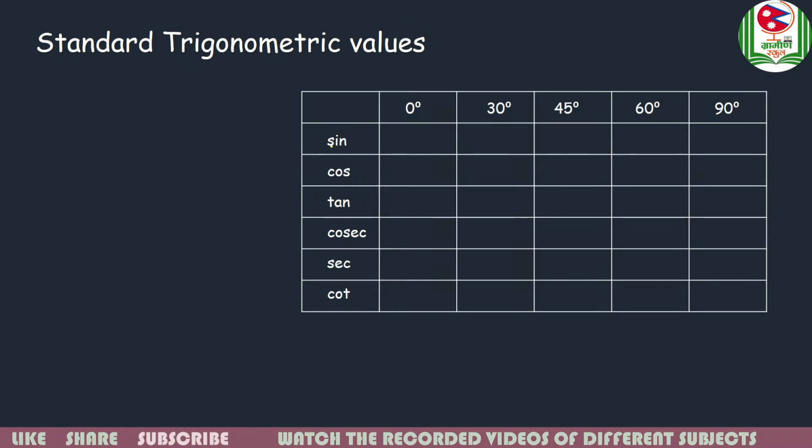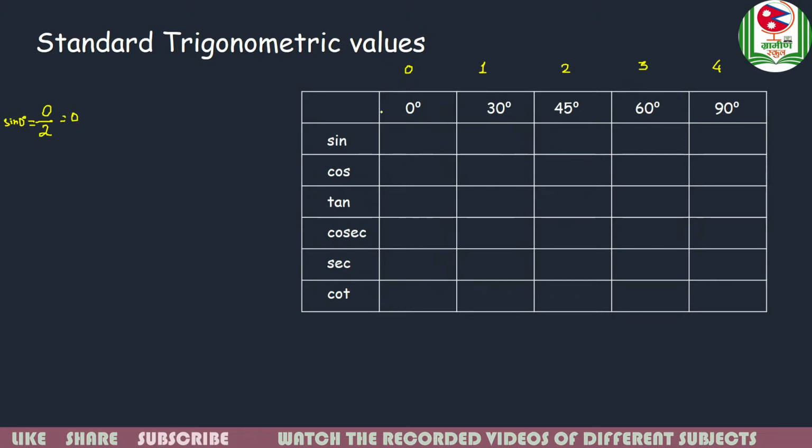Okay, so for sine I write here: 0, this one as 1, this one as 2, this one 3, and this one 4. So for sine 0, we divide 0 by 2, and sine 0 degree is going to be 0.